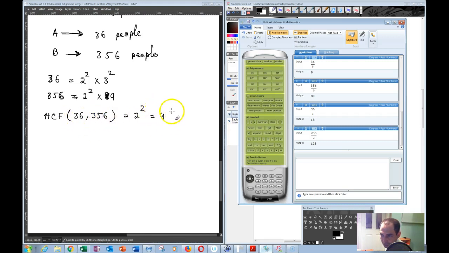So this number is going to give you the largest number of columns that you would get in a parade or in a march, if you had 36 people and 356 people, meaning that you would divide the 36 people by 4. So 36 would be equal to 4 times 9, and 356 you would write as 4 times 89.